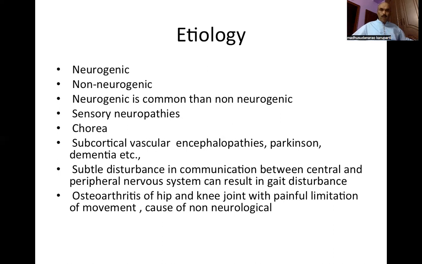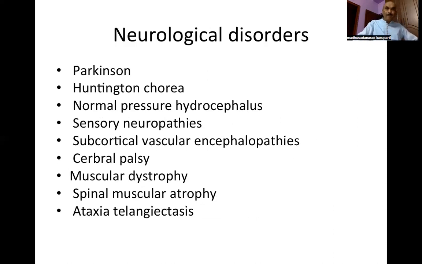Osteoarthritis of the hip or knee associated with joint pain may result in the limitation of the movement, and cause non-neurological gait disturbance. Under the neurological disorders, we have several conditions which may affect the central nervous system, thereby influencing the peripheral nervous system.